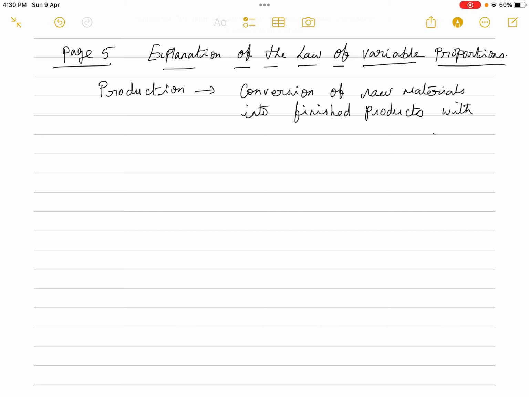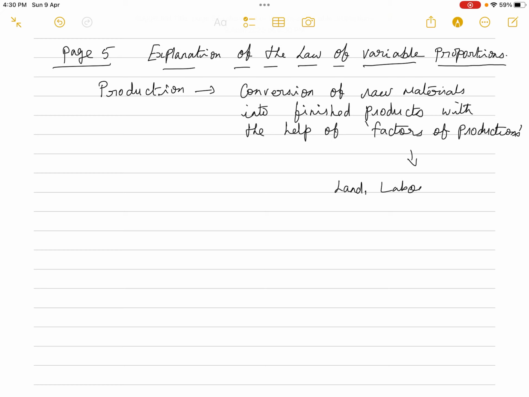So how are the raw materials converted into finished products? There is something called the factors of production. They are called the agents of production. Anything that helps in production is known as the factors of production.